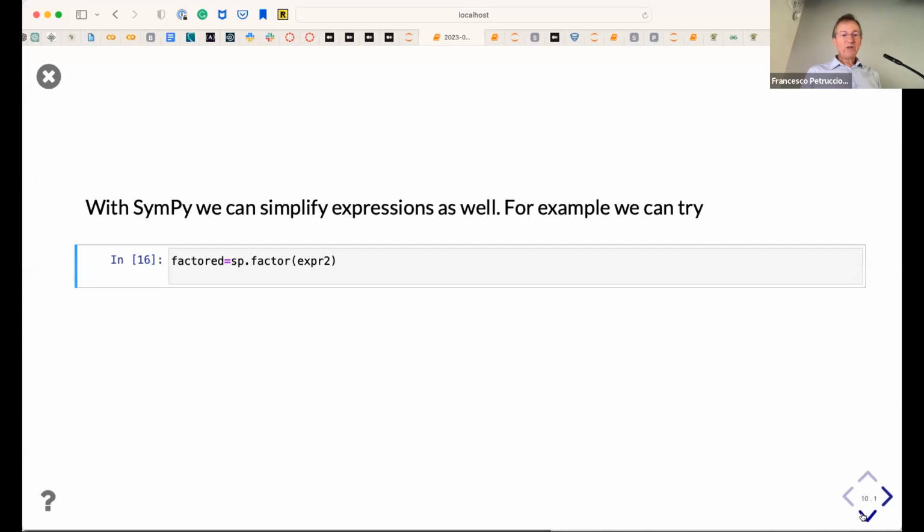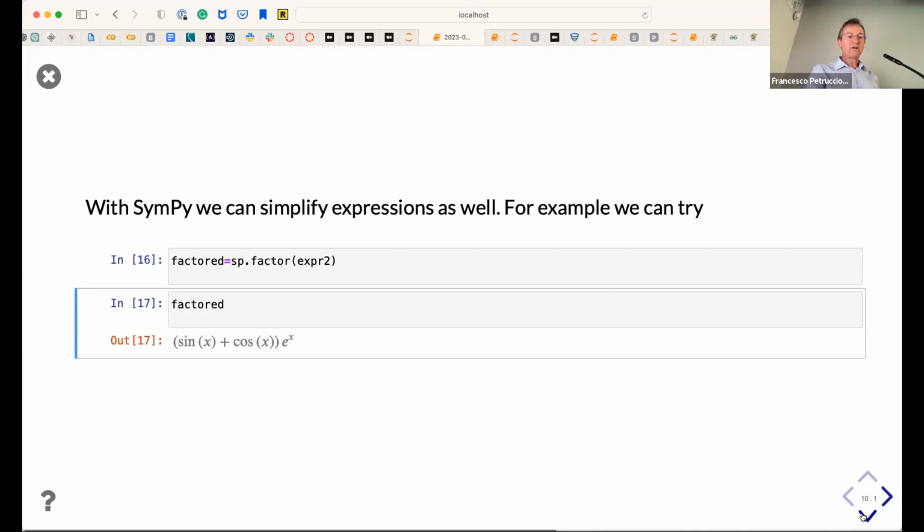And if we do factor of the expression 2, it does exactly what I mentioned. It takes one factor out, and in the brackets, it multiplies with the rest. So you have e to the power of x times sine of x plus cos x. So factor is a very important and useful command to remember, because it allows you to factor expressions and make them look maybe a little bit more elegant and simple.